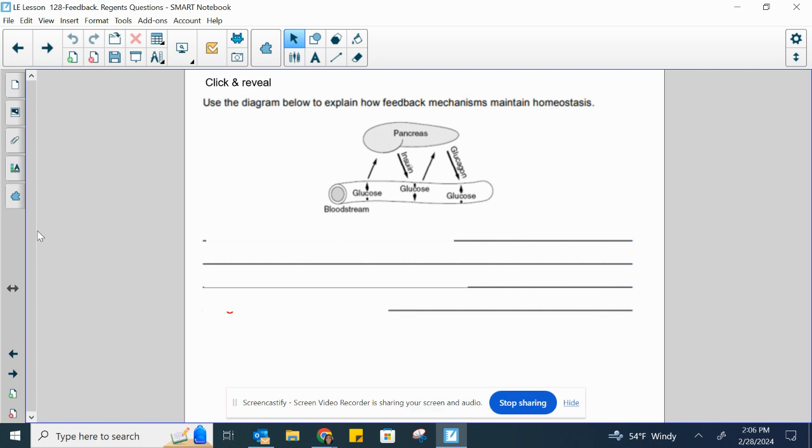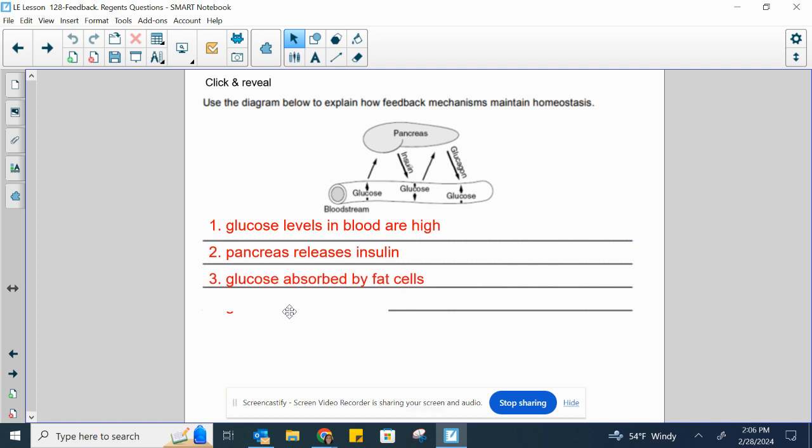Okay, so let's look at this. Number one, the glucose levels in the blood are high. A signal will go to the pancreas to release insulin. Insulin travels through the bloodstream and is absorbed by the fat cells.